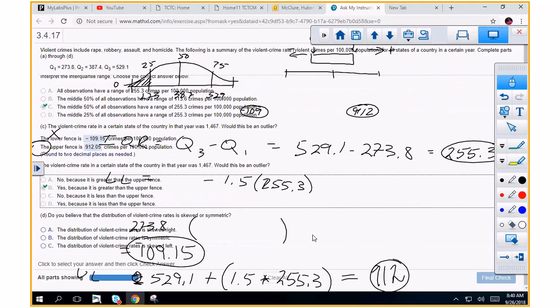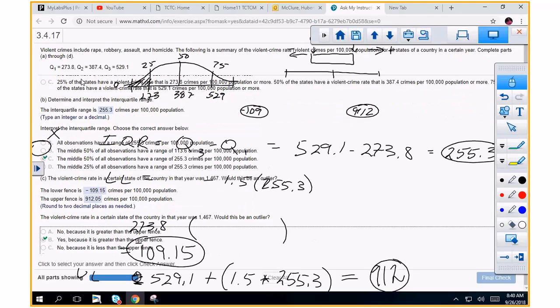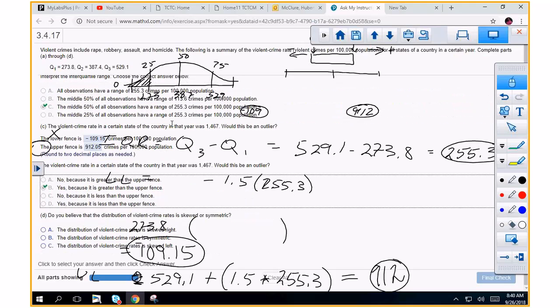You would have to know what the minimum is, 278, 273, 387, they really don't give you enough information. But I would say since you got a negative 109, it's probably skewed right. I may be wrong.